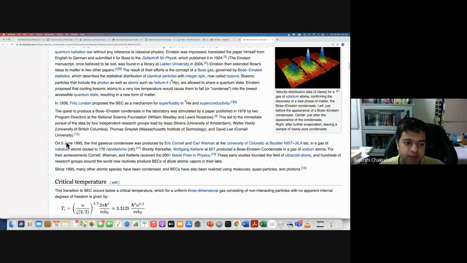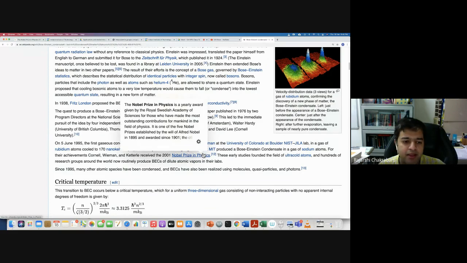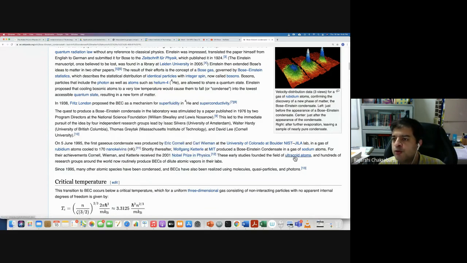They did it with rubidium, Ketterle did it with sodium, and they started a new area of physics called ultracold atoms. They received the Nobel Prize in physics in 2001 for their experimental verification of Bose-Einstein condensation. This was predicted in 1924-25 and experimentally verified in 1995.